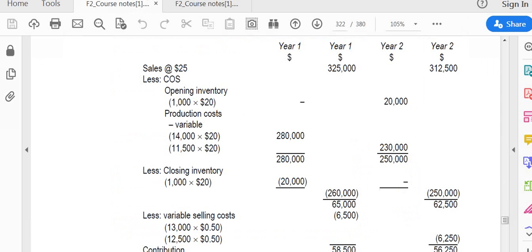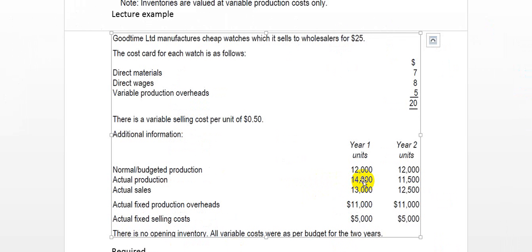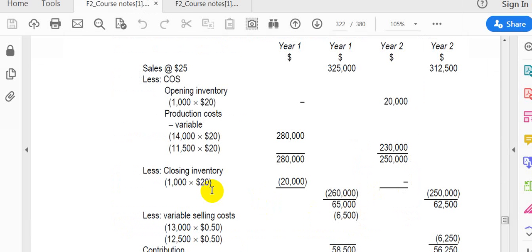Then, since we produced 14,000 units, but we sold 13,000 units, we now have closing inventory of 1,000. 14 minus 13 gives us closing inventory of 1,000 units. The 1,000 units will be valued at the marginal cost of 20.